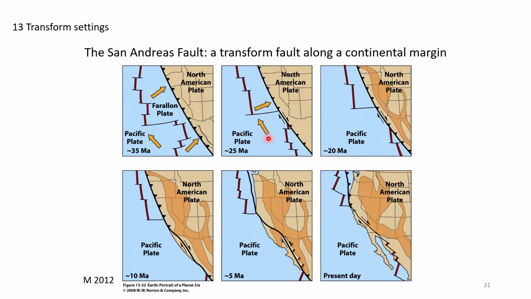And if we have a Pacific plate movement to the northwest, we create a relative dextral strike slip movement in that area where the Pacific plate and the North American plate are now in contact due to the subduction of the Farallon plate.